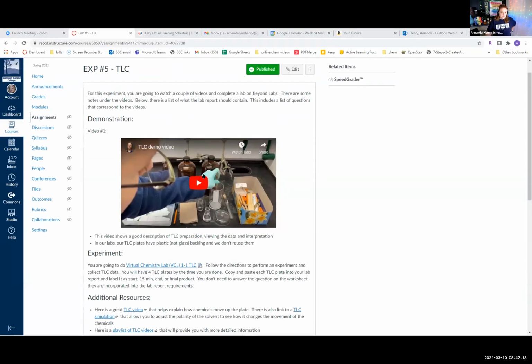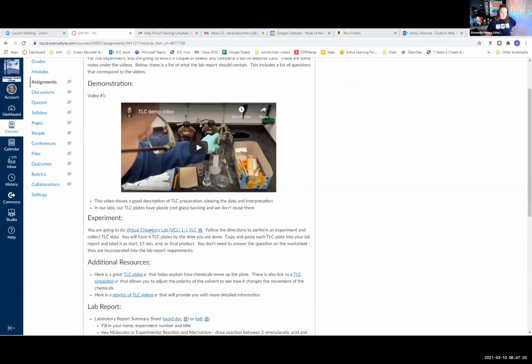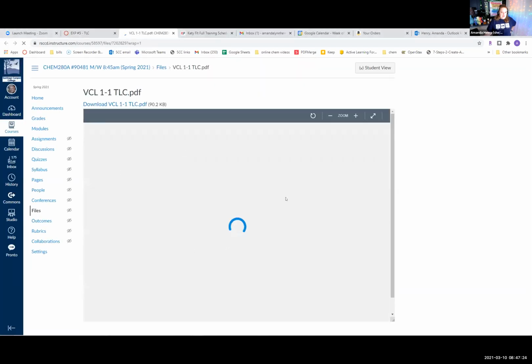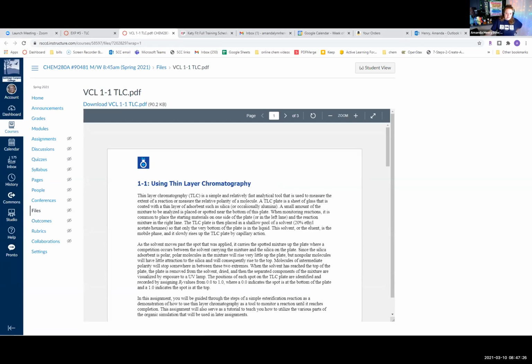So we are using Beyond Labs as well as a couple other things. I was pulling up Canvas here so I can show you. I'm bringing this up for a reason also, I promise. Okay, so this is our experiment for next week. Right here is the PDF of that first experiment.